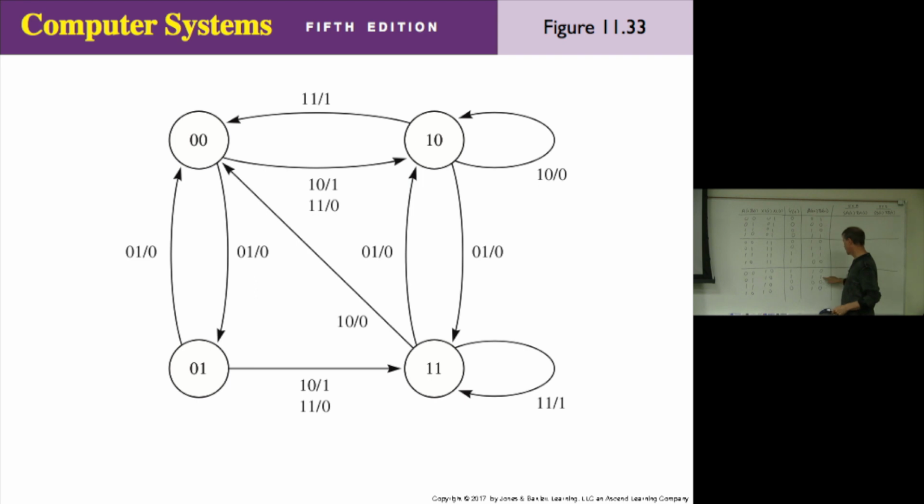No, no, no. This is a single-sided arrow. This arrow from 0, 1 to 1, 1 is a transition from state 0, 1 to state 1, 1 on an input of 1, 0. And furthermore, the current output is 1.